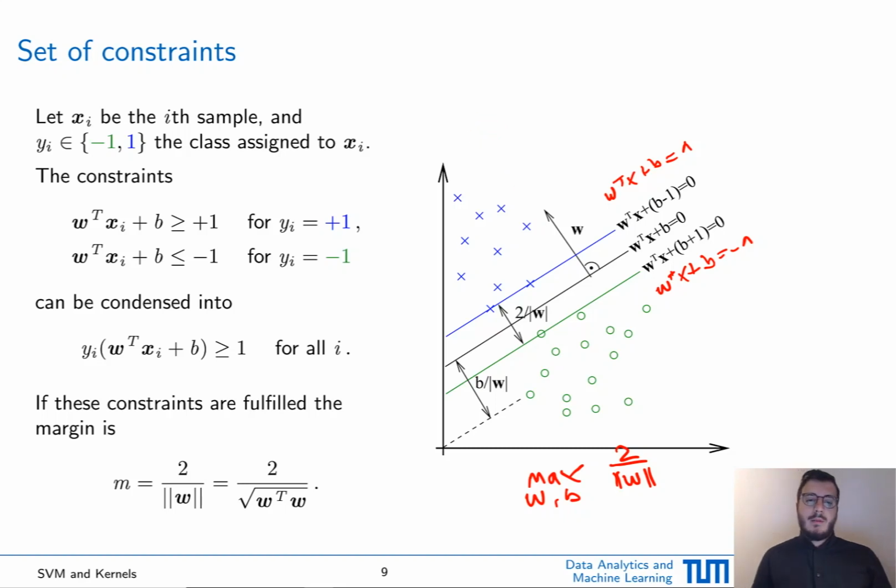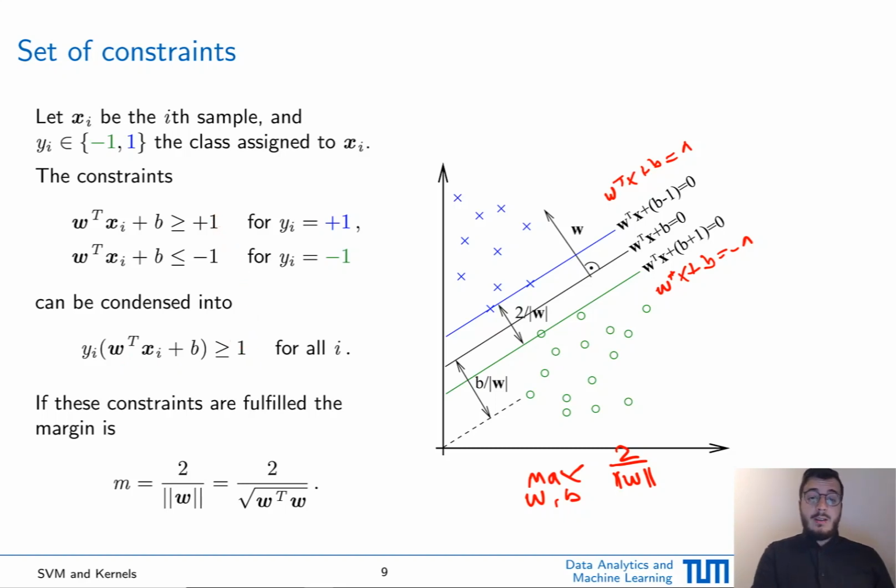Here we can do one small trick where we multiply these expressions with yi. So let's see, if yi is plus 1, then here we just multiply by plus 1, nothing changes, we get exactly this constraint.